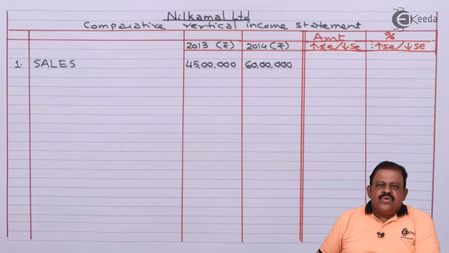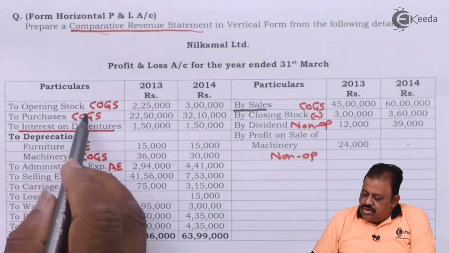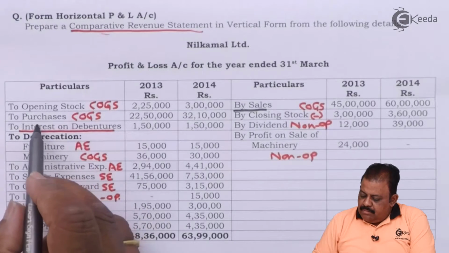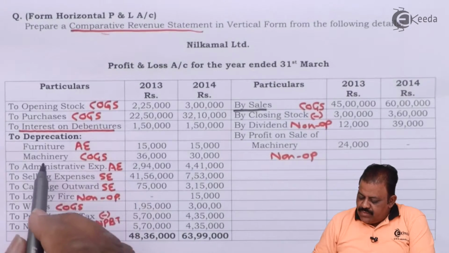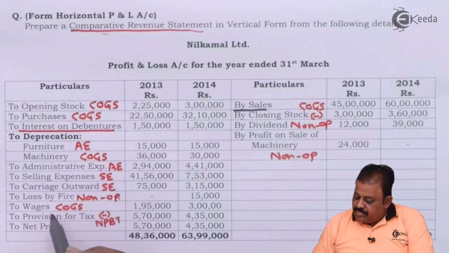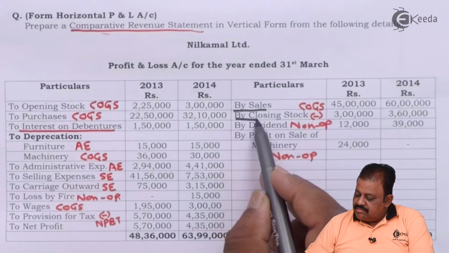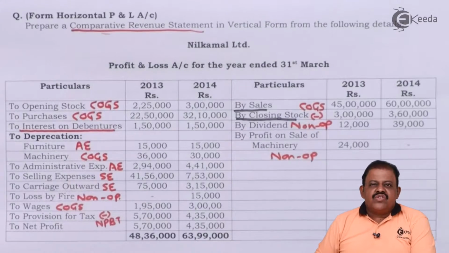Less cost of goods sold. There we have opening stock, purchases, depreciation on machinery, wages, and we are required to deduct closing stock.